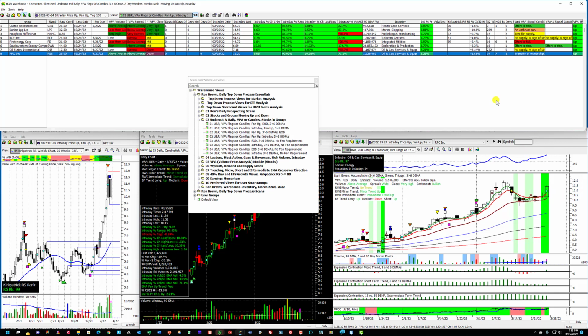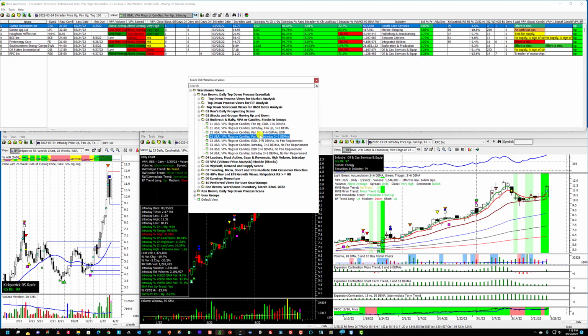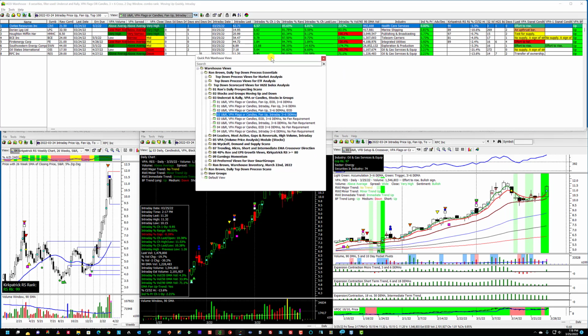I know the stock's going up because I just ran the scan, and then I can look here for stocks that are either setting up and crossing over today, or they're still setting up, or they crossed over yesterday and they're going higher. But you can see these are low risk entries.